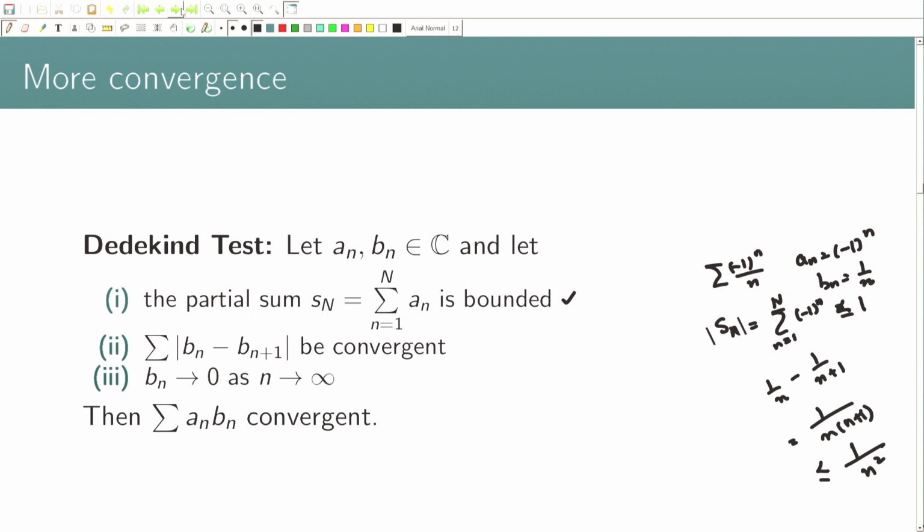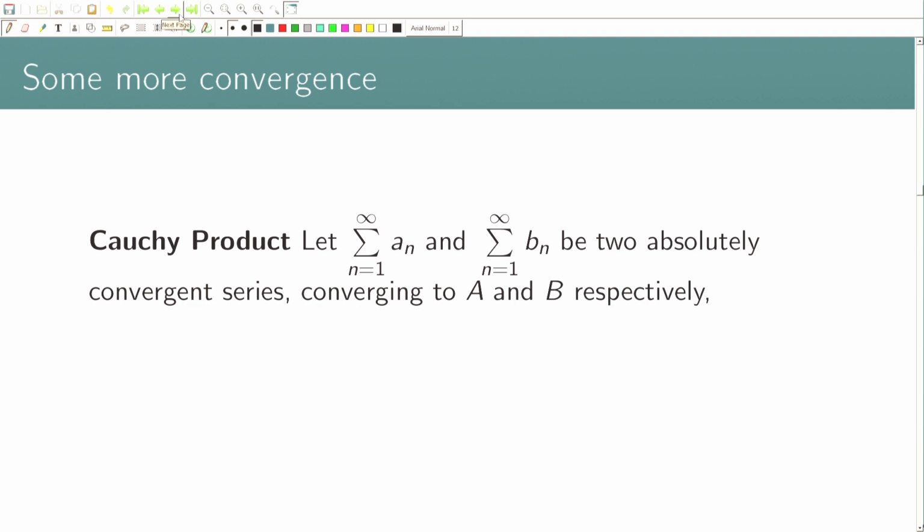Okay. So, now we will talk about some more convergence.